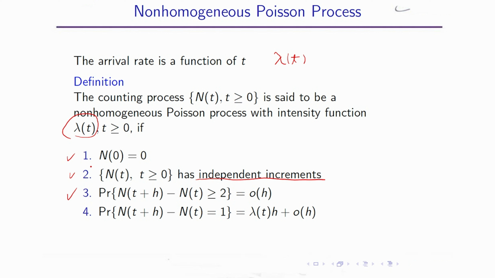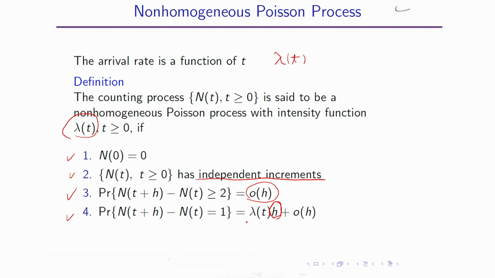Number three, in a very short period of time h, the probability of the number of arrivals being greater than or equal to 2 is equal to little o of h, which means 0 when h is very, very small. And number four, the probability that there is an arrival in a very short period of time is proportional to the length of the period of time, right?